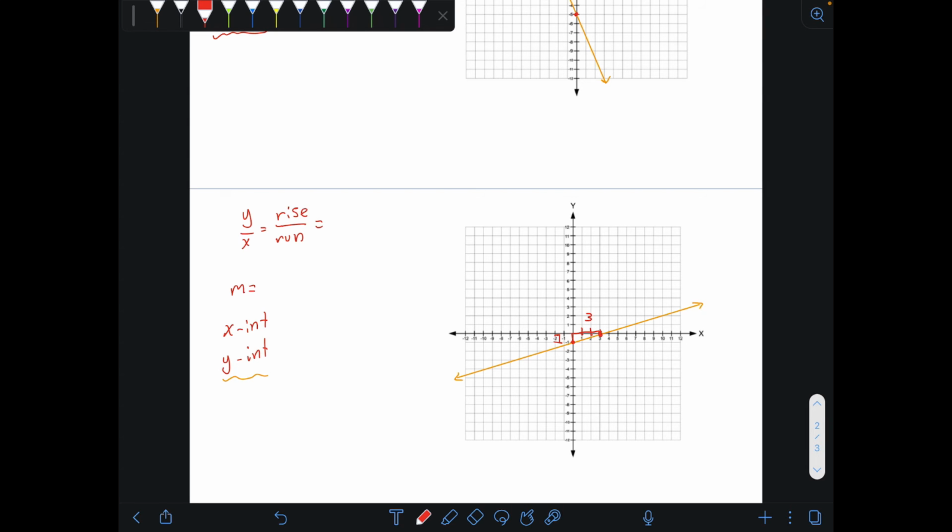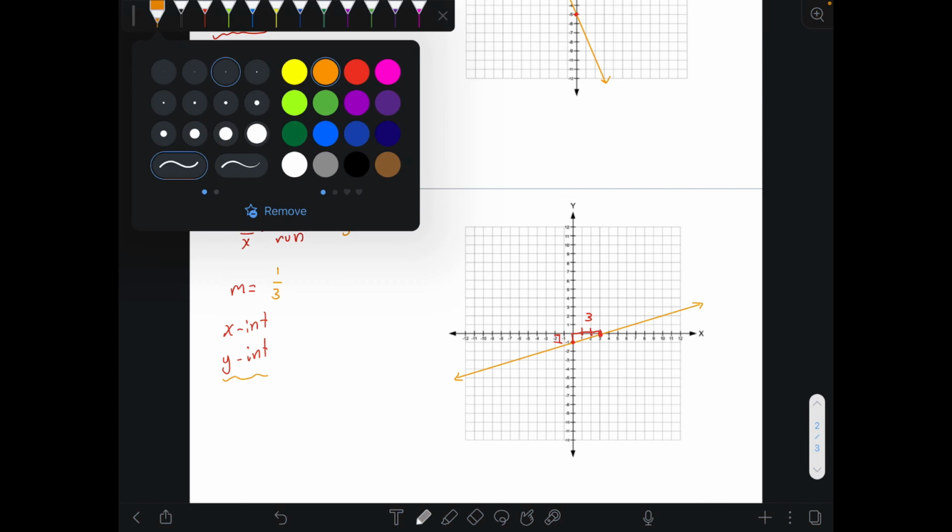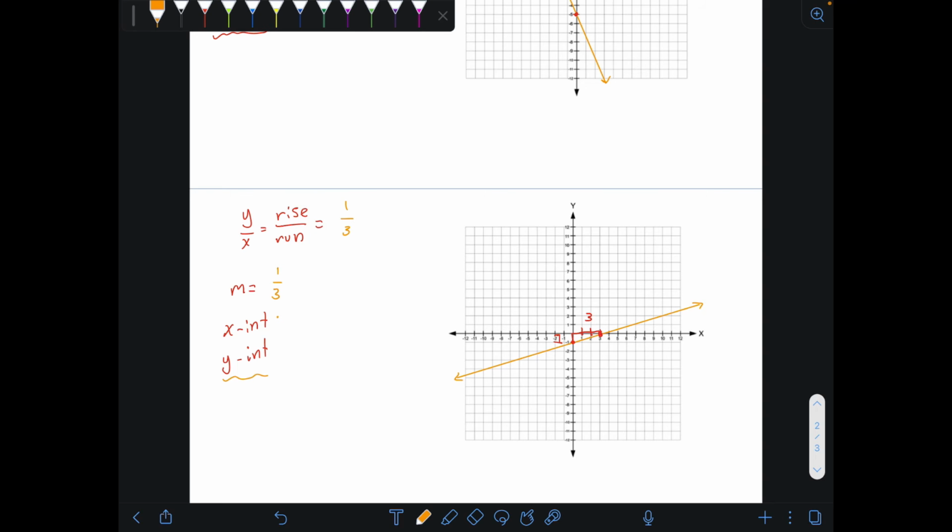So let's just write this down here. So it's going to be rise is 1 and run is 3. And this cannot be simplified any farther. So this is our slope. So m equals 1/3.